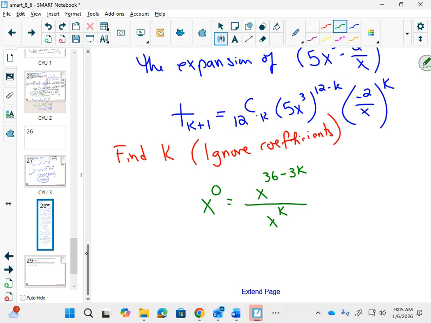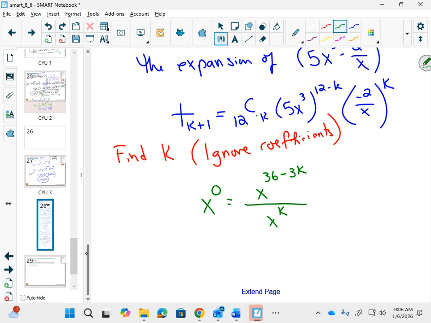Some people who like the guess and check method can usually find it in one or two guesses. Guess something random. It's wrong. 5 was wrong. I need way more on the bottom. What seems to be a good number to put on the bottom? And boom, you find it right away.